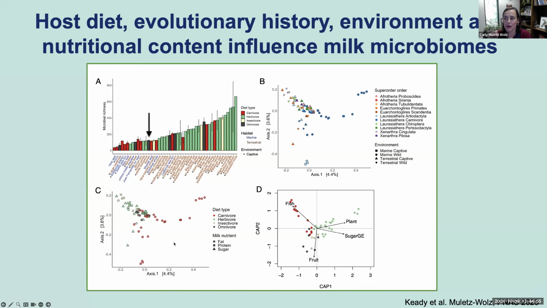Pretty much each one of these things explained about 5% of variation in the composition. And we tried to figure out what it was about diet or the milk nutritional content. We found that how much plants you ate, how much fish you ate, and how much fruit you ate could explain some of these shifts in microbial composition, and that the amount of sugar in the milk was explaining some of these differences and why species had different microbiomes than others.